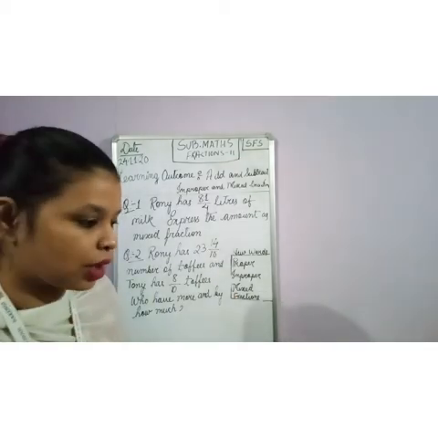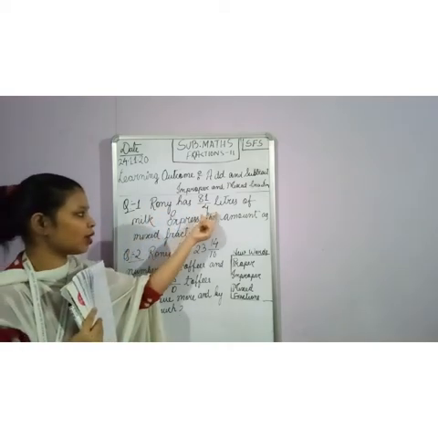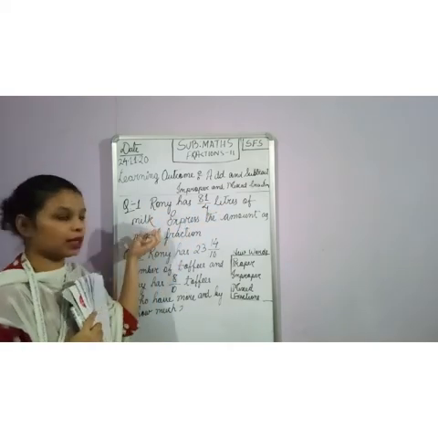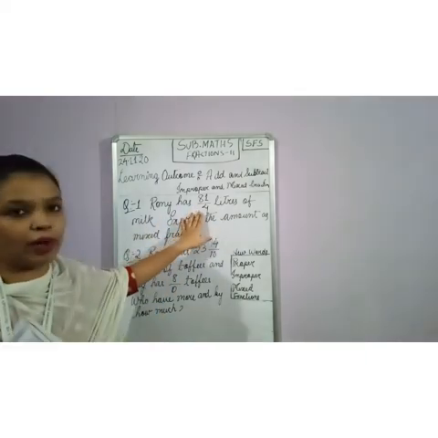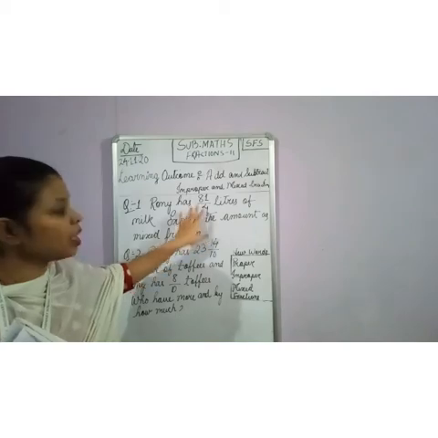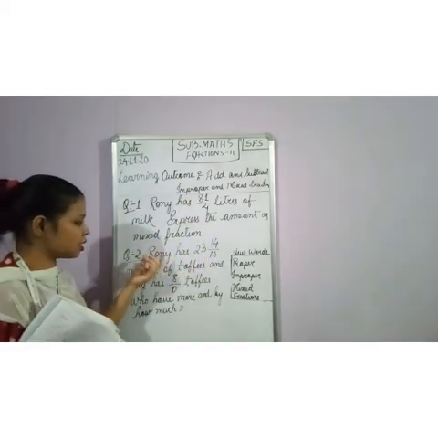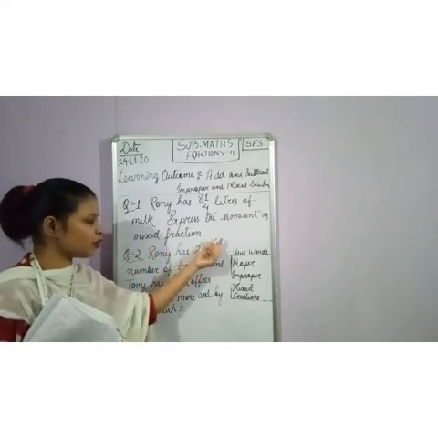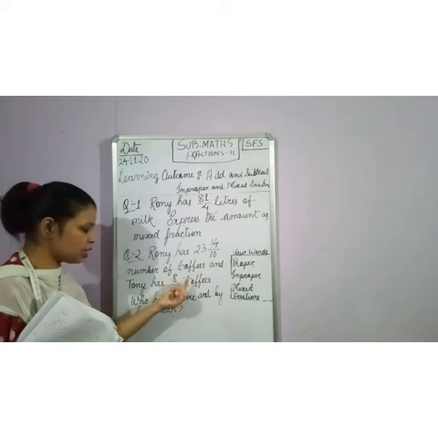Topics we have discussed today, here I have taken two questions. Ronnie has 81 by 4 liters of milk. Express the amount as a mixed fraction. So here you don't have to do any addition or subtraction, you just have to express this as a mixed fraction. The next question is, Ronnie has 14 by 10 toffees and Tony has 8 by 10 toffees.